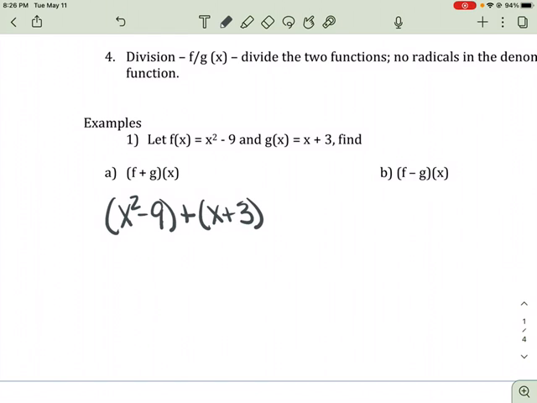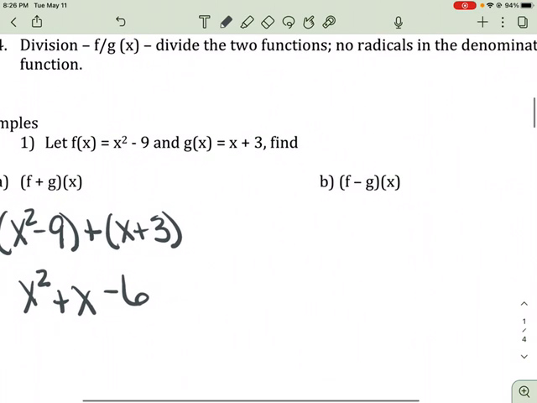Notice that I used parentheses because I want to put them in there before I start combining like terms to see if there's anything that I may need to distribute. So always use parentheses. I don't see anything that we need to distribute, so I'm just going to have x squared, then x, and then negative 6. And that's as far as you're going to go. There's no factoring. There's none of that. I'm putting two functions together. I want to know what the expression is.